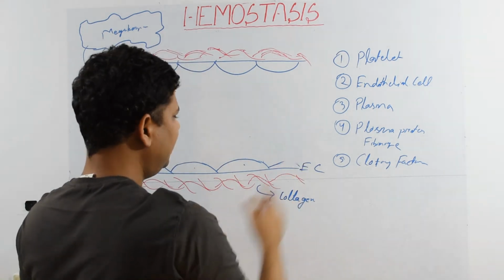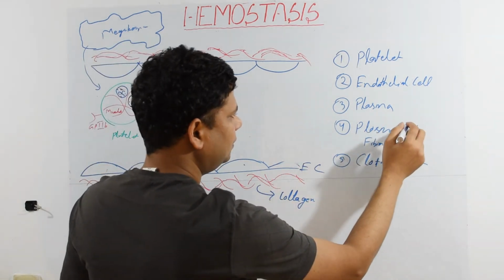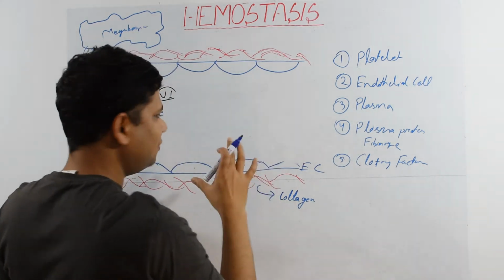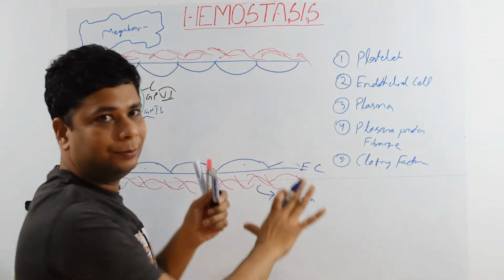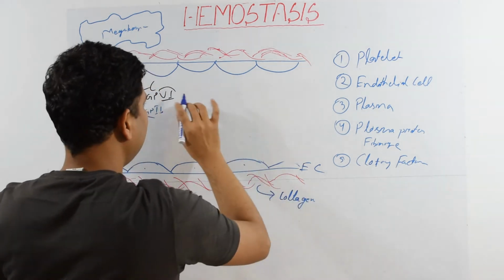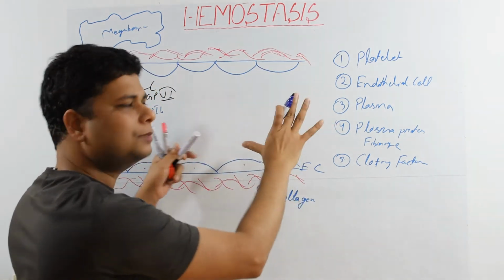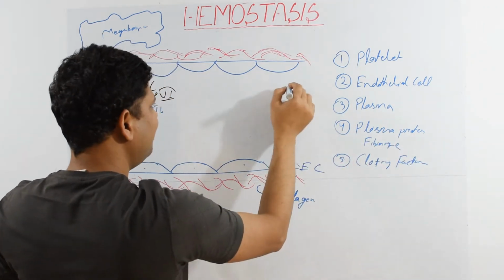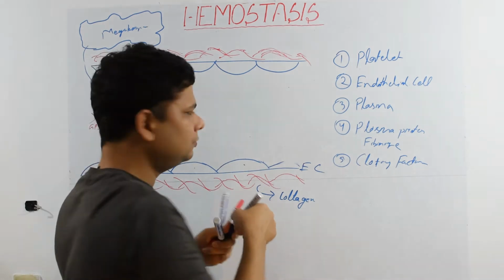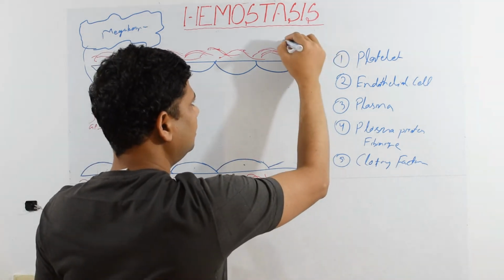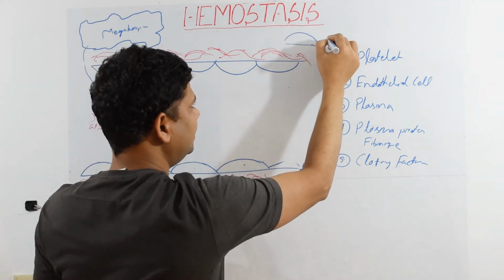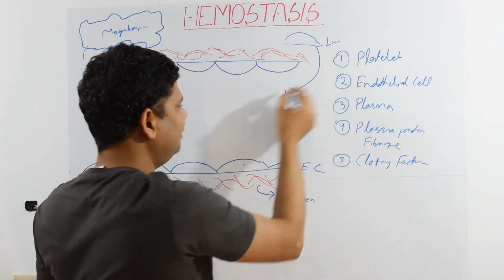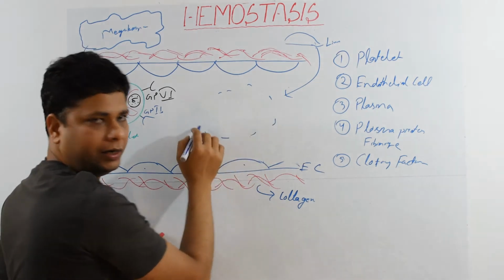What else do we need? Plasma. Like last time, I said about plasma. The liquid part of blood is called plasma. So plasma is everywhere in the blood vessel. And what else? Plasma protein, fibrinogen. Fibrinogen is secreted from the liver. So this is the liver. The fibrinogen is secreted from the liver and present everywhere in the blood.